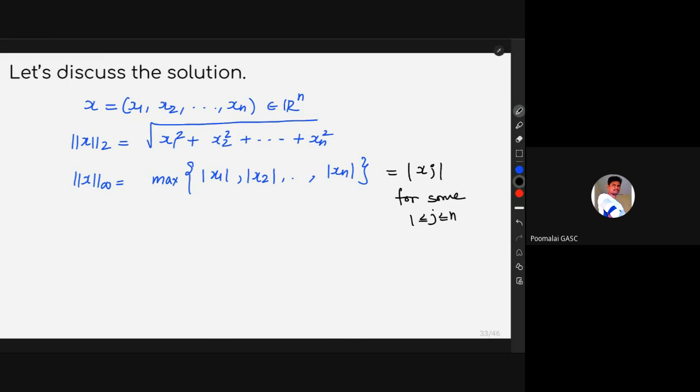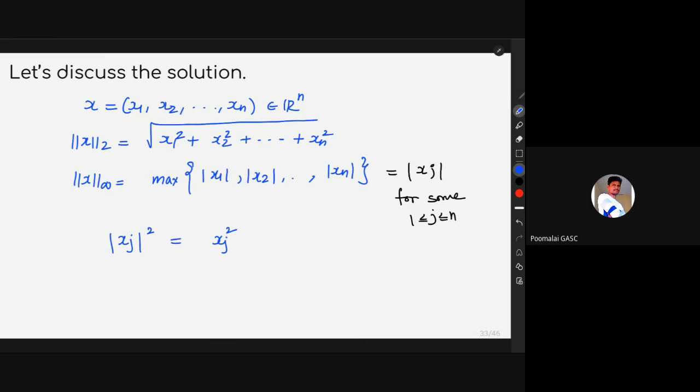So we will take that particular entry and call it j, so this will be xj. Now, modulus of xj square will be equal to xj square. We have seen this last time, the square will be the same.